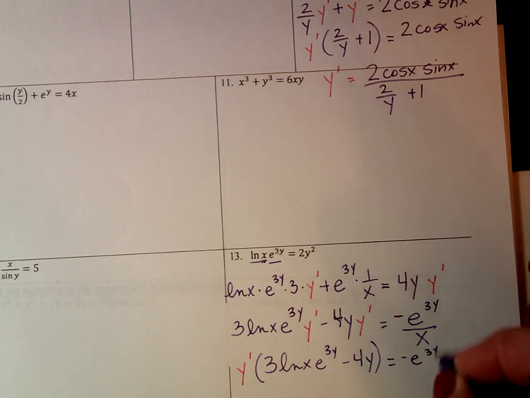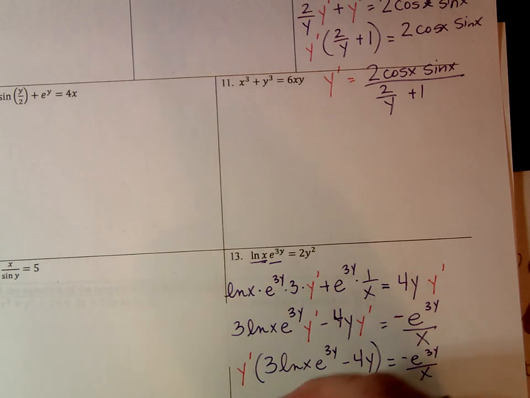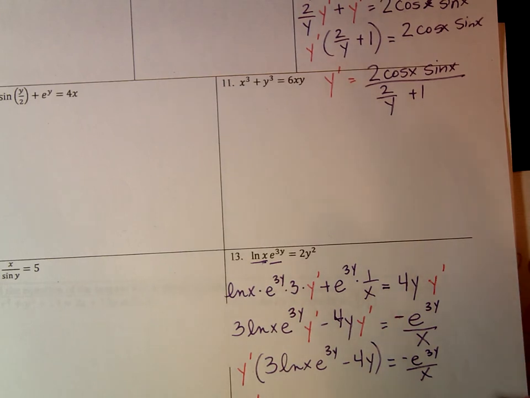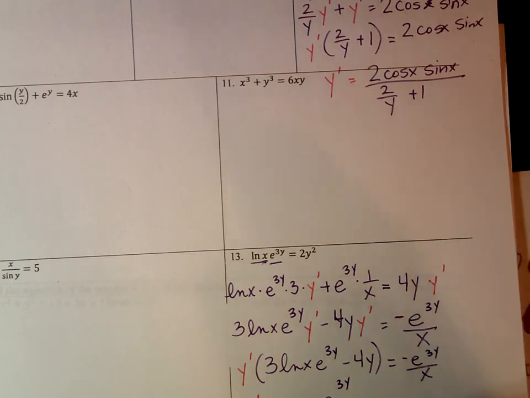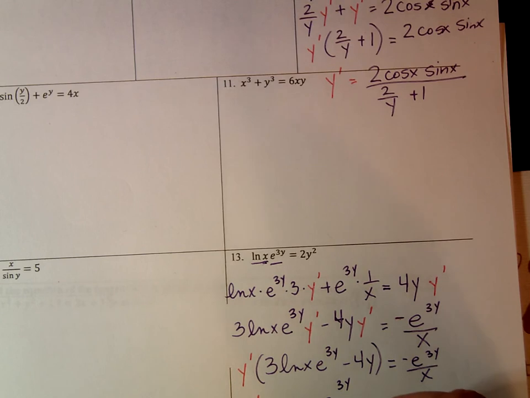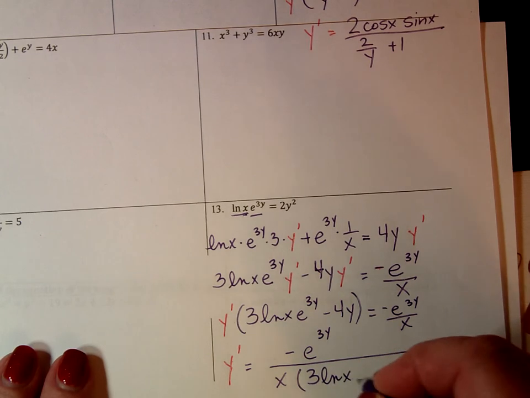So y prime equals a fraction with a negative e to the 3y on top. I have an x in the denominator along with what I'm going to divide by, 3 ln of x e to the 3y minus a 4y.